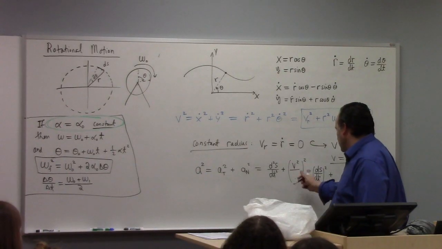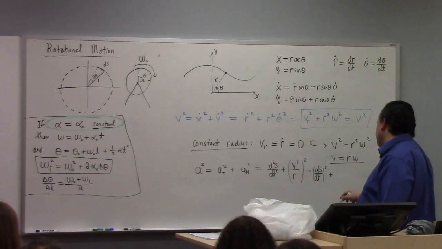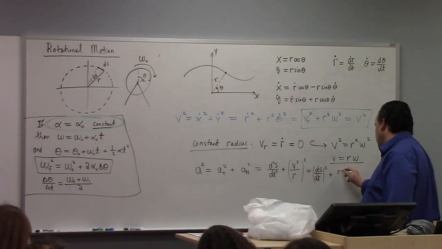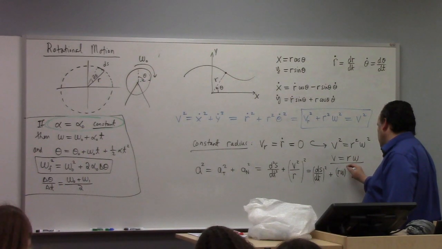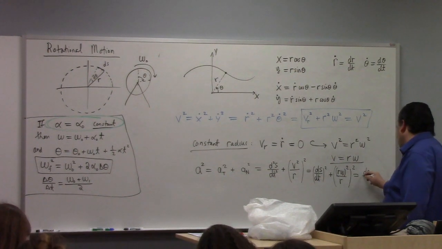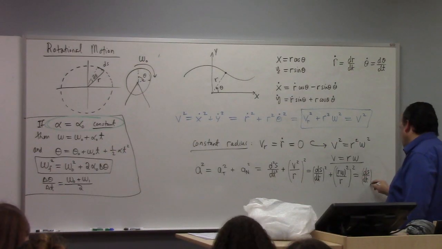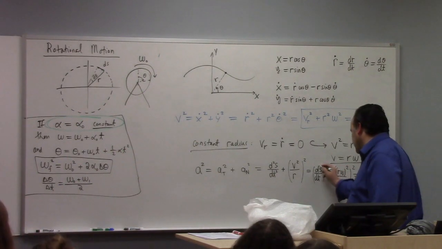My bad. So I get little r omega squared over r, squared, and the tangential part is d squared s dt squared, squared.